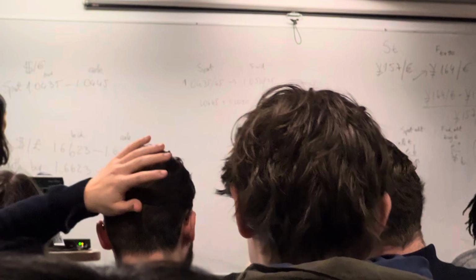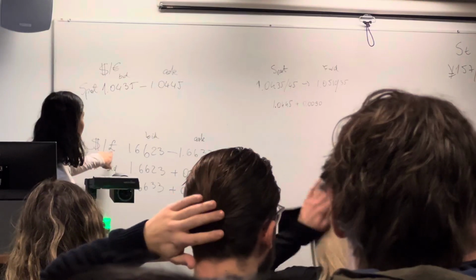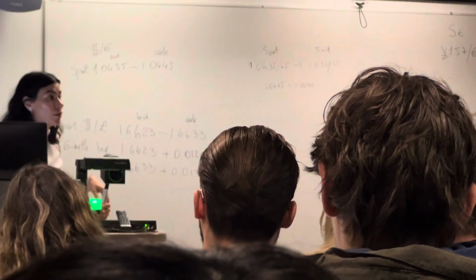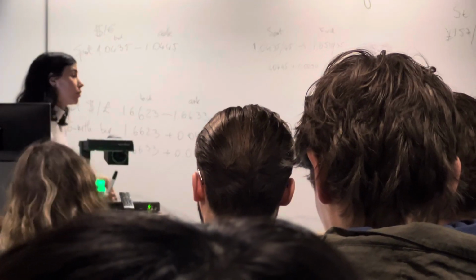So the 6 month forward ask. Yes, very good. So in this case, we are the bank ourselves, so we would quote them our ask because we are selling. We're selling, so it's the ask for the pound, and the pound is the denominator. Clear? Yeah.